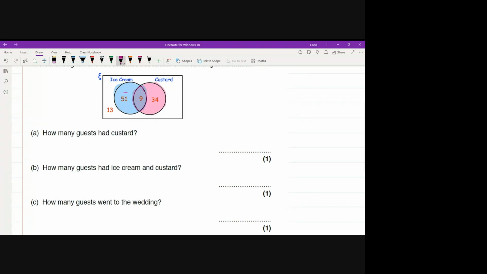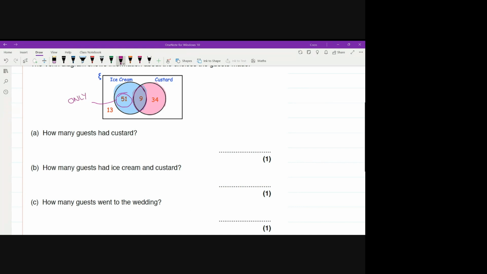These people are still part of the ice cream circle. What does this tell us about these 51 people? That they had ice cream, but they didn't have custard. Is that making sense? Yes? They had ice cream, but they did not have custard, which means this 51 represents ice cream only.